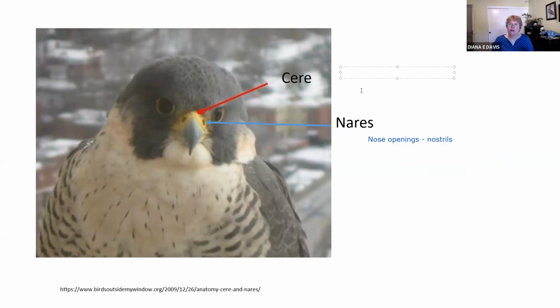And the cere, or ceres, is bare skin around the nares. Not all birds are going to have bare skin here, but a lot of them do. And when we get to the next slide, we're going to learn why I'm asking you to know what a cere is.